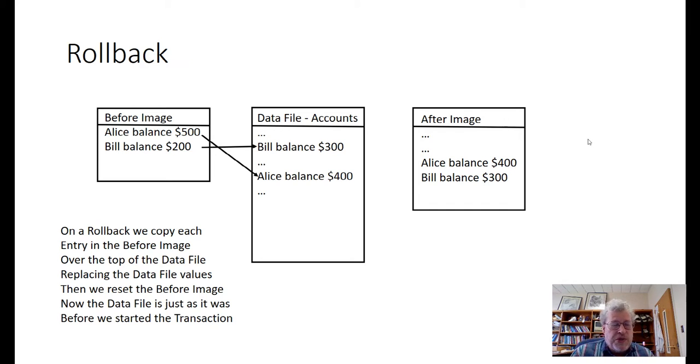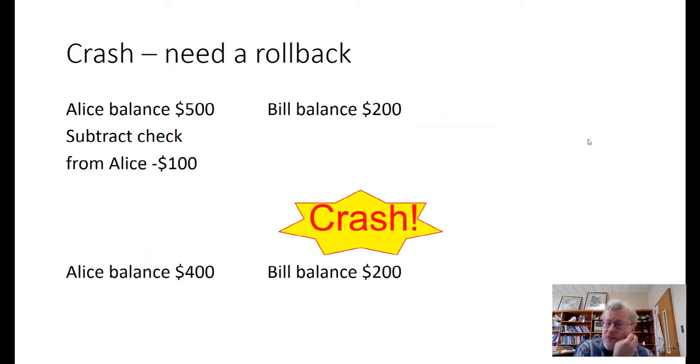Now the data file will be just as it was right before we started the transaction. And we'll also clear out the after, actually we don't need to clear out the after image records. Well, there are a couple ways you can handle it, but we'll also have to keep an eye on the after image. But we've taken care of our problem of the data file being out of sync with itself.